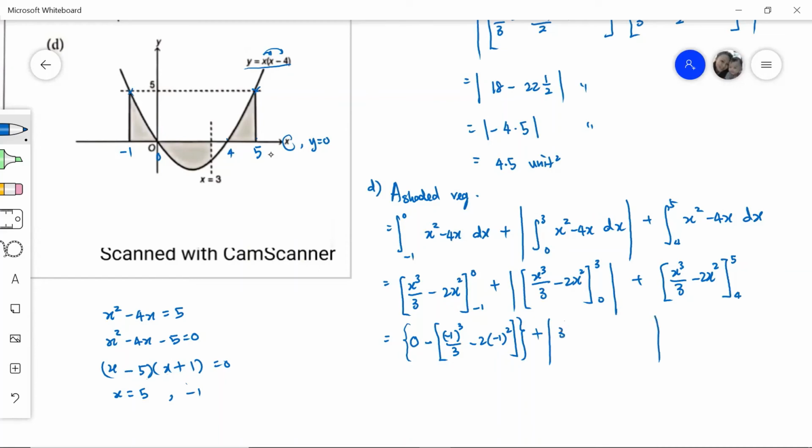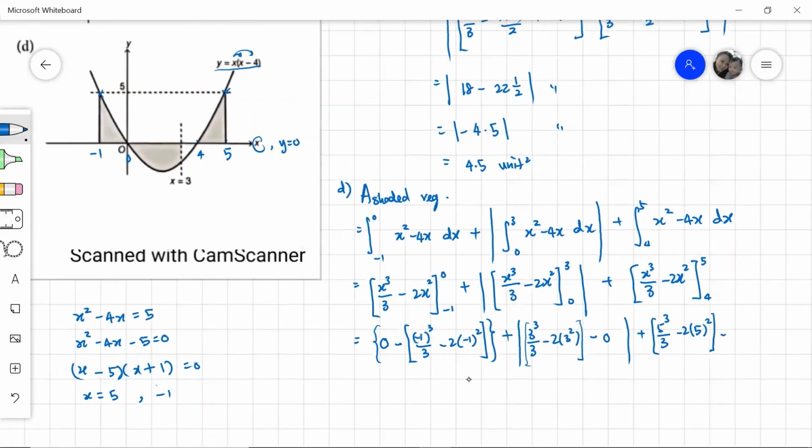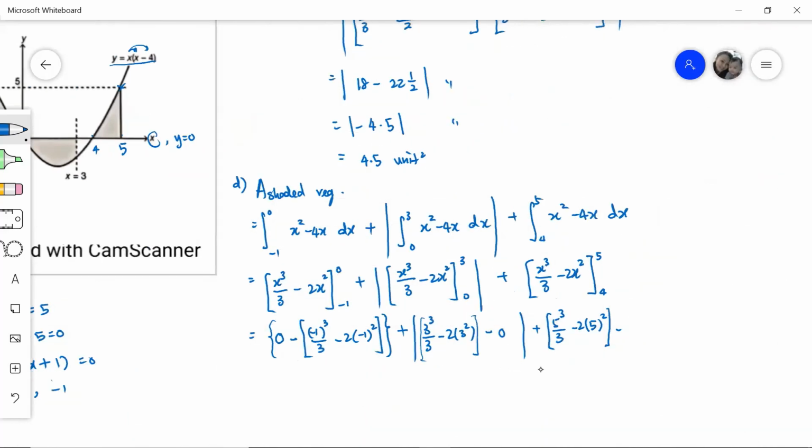So 3 cubed over 3 minus 2 times 3 squared, and then this whole thing. We have to minus, when substitute 0, we got 0. Then we plus 5 cubed over 3 minus 2 times 5 squared. And then minus, same expression, but this time the x is 4. 4 to the power 3 over 3 minus 2 times 4 squared.